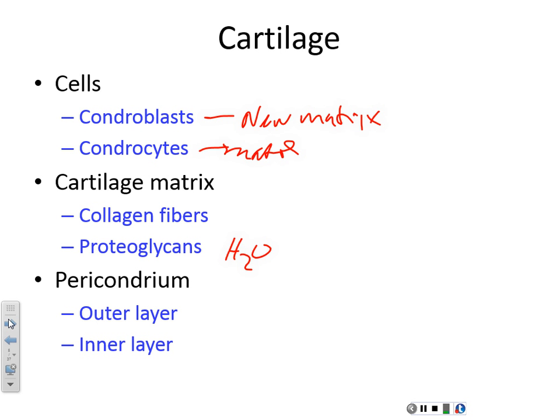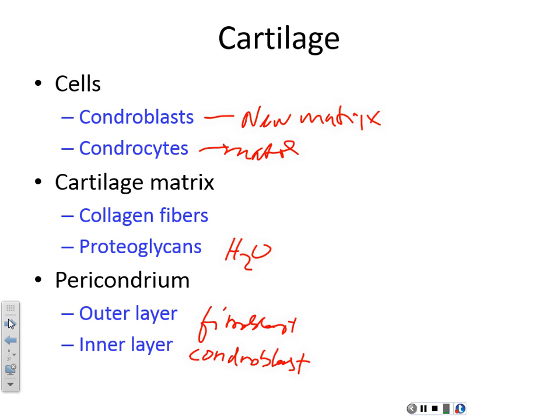Okay, so you gotta know the basic components, the basic cells, and then of course the matrix, because pretty much connective tissue is all matrix, very little cells. And then of course the perichondrium is the outside membrane. The outer layer is what? Fibroblasts. And then the inner layer is chondroblasts. The inner layer is the one that produces the matrix, and the outer layer is the one that produces the connective tissue covering on the outside.